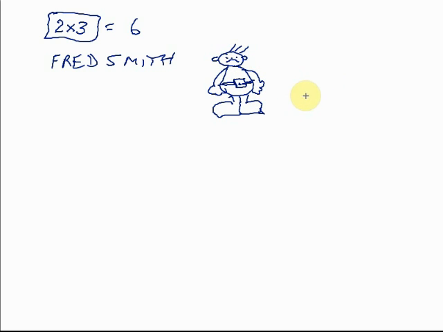Anyway, that's Fred Smith. And so we can say that he is the man with 3 hairs, 1, 2, 3 on top of his head. He is very fat. He has big hands. And he has big feet.